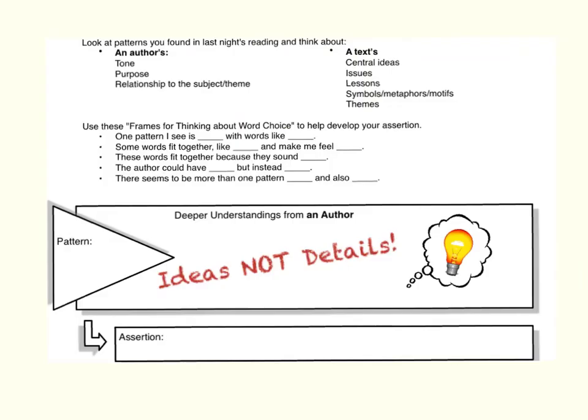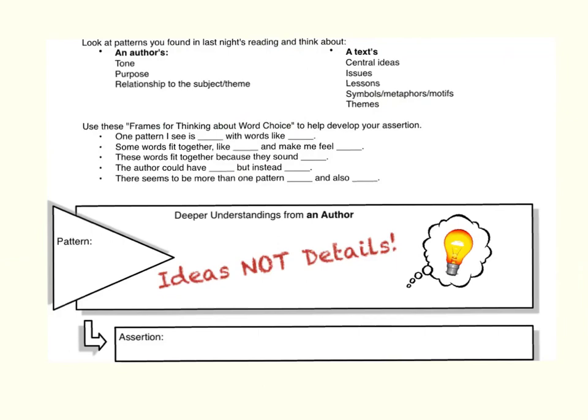You will now complete the Deeper Understandings graphic organizer on your own using patterns that you found with your partner. Before you begin, remember 2 important things. The first thing is that the very first thing you need to do is determine what is the central idea of the chapter. Yes, of course, you can use mine, but feel free to use your own as well.